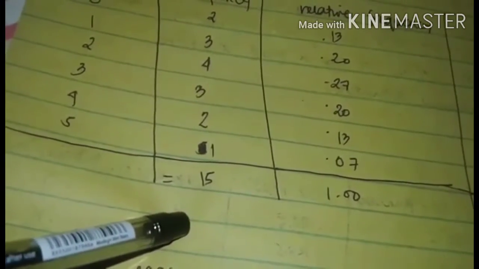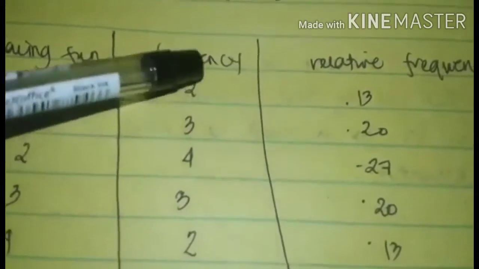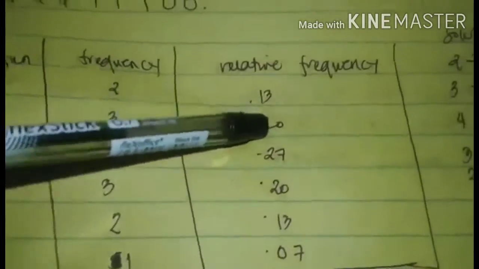2, 4, 6, 8, 10, 12, 14, 15. For our relative frequency, we also need to divide each frequency by the total number. 2 divided by 15 is 0.13. The rest will follow.